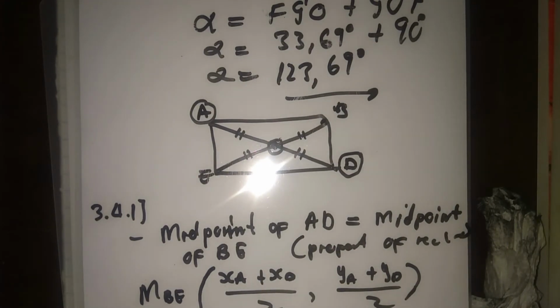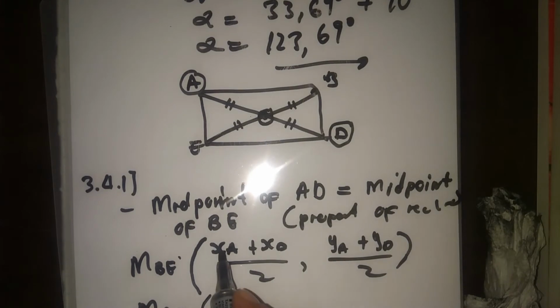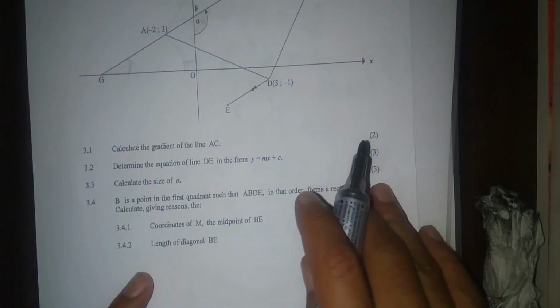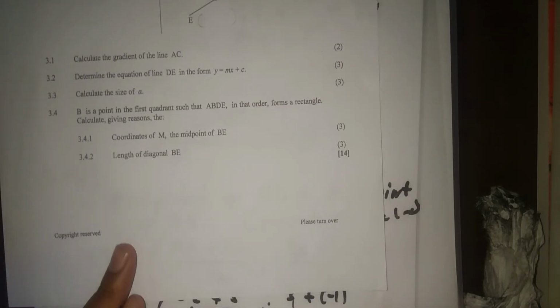So the midpoint of BE, using the coordinates of AD: XA is minus 2 plus XD which is 5, divided by 2, and YA is 3 plus YD which is minus 1.